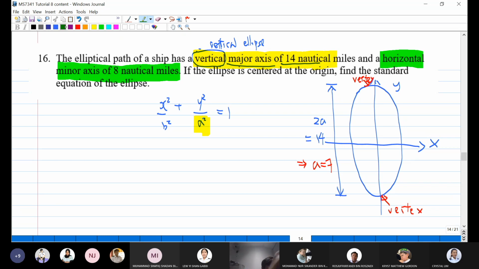It means that from here to here is 2b, and what is this equal to? It's equal to 8. So b equals 4 now.